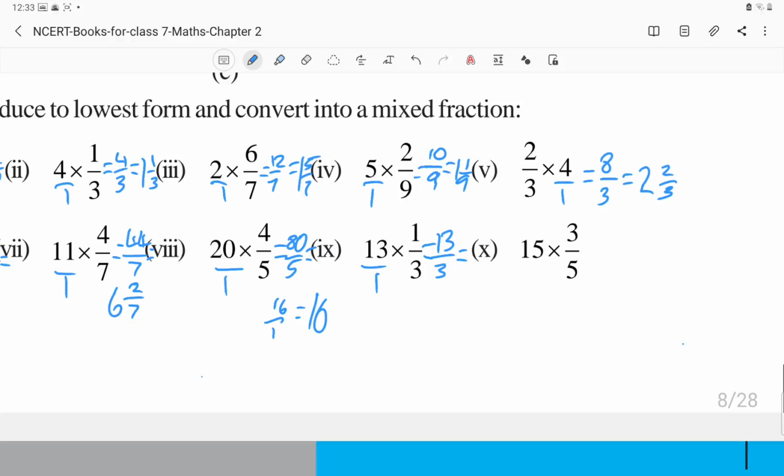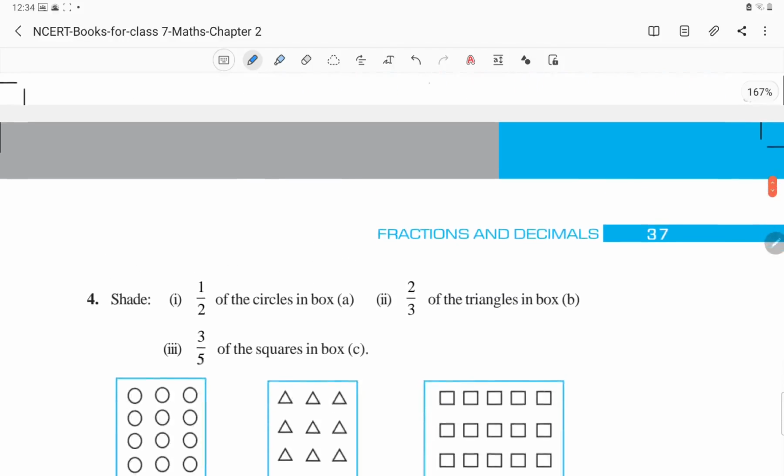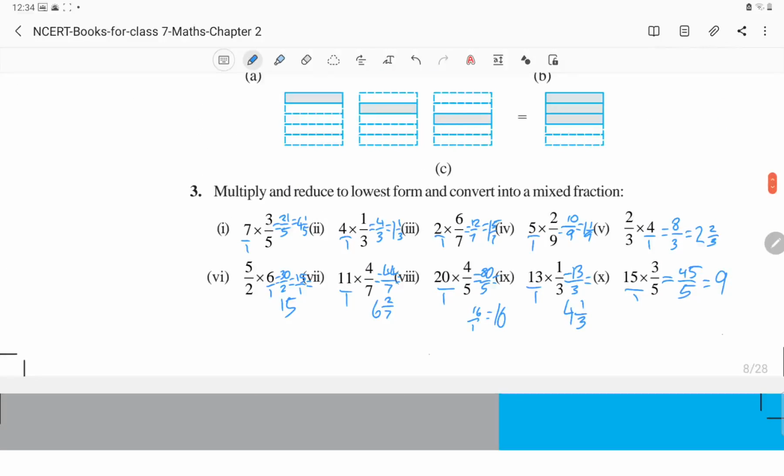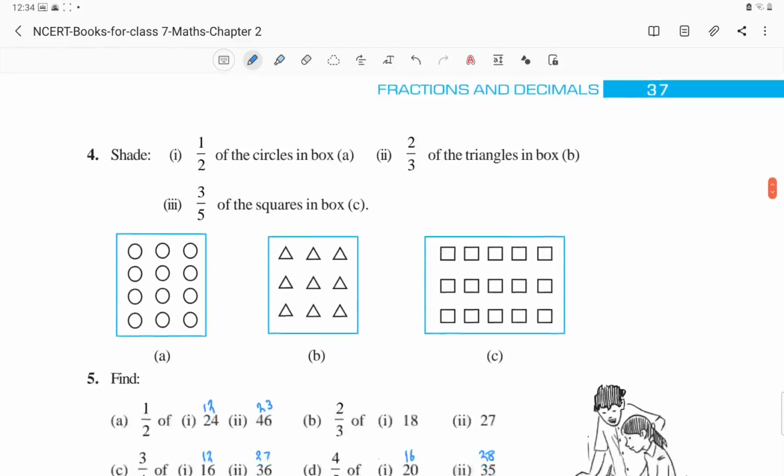So 4 times 3 is 12. 4, 1 by 3. 15 times 3, you can do this quickly though. 5 times 15, 3, 4, 45. 45 by 5, which equals 9. Okay, we finished that really quickly.